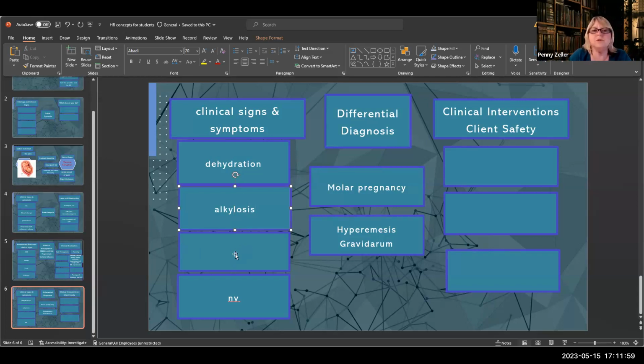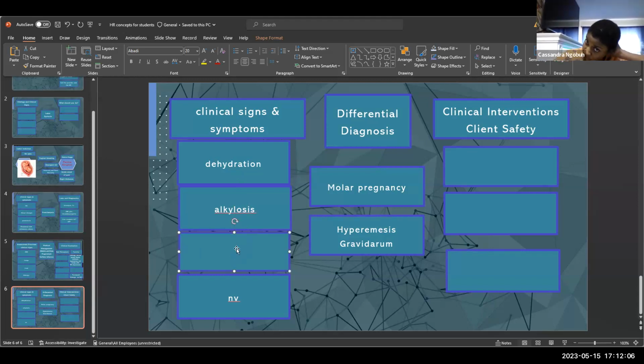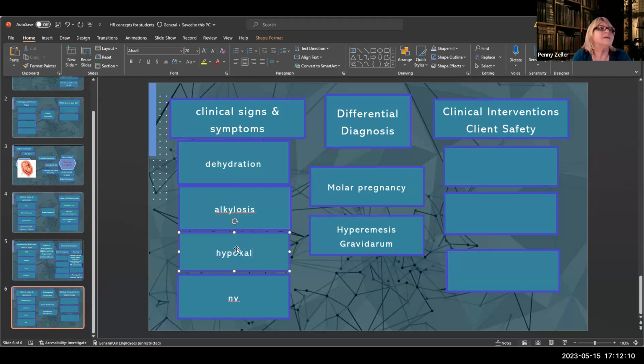Yes, alkalosis. So losing a lot of acid plus what? Hypokalemia. Excellent. So this is a metabolic alkalosis. Isn't that funny how you think of a word and you just can't remember how to spell it? Okay. Alkalosis, yes, metabolic alkalosis.